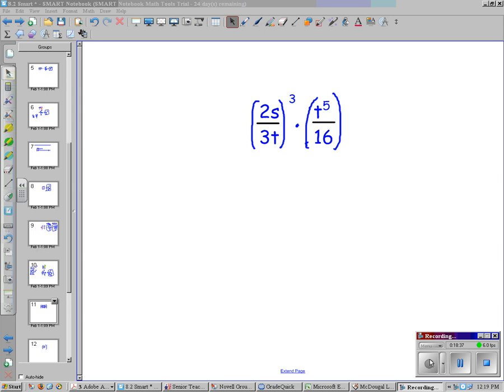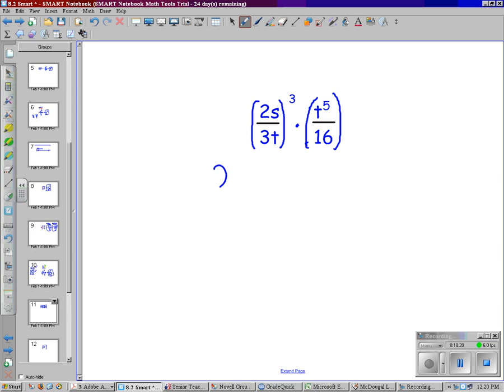Okay, Ben, how's it going to look? Over 3 to the 3rd, t to the 3rd. Alrighty. Then it's times this lovely t to the 5th over 16. Now this is all multiplication, so technically it's one big fraction bar line there.